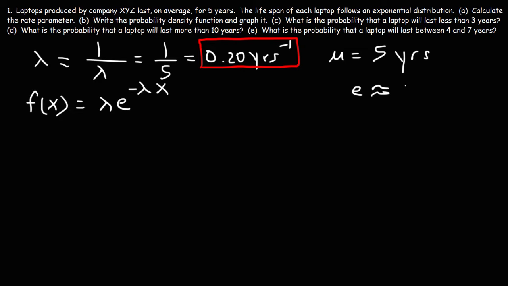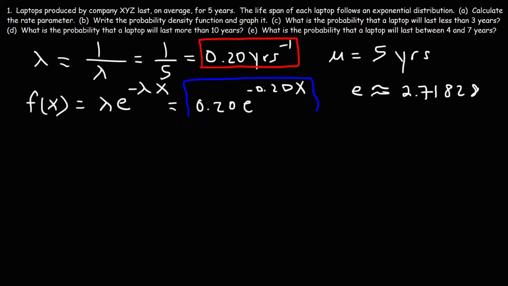It's approximately 2.71828. So now replacing lambda with 0.20, we have the function 0.20 e to the negative 0.20x. And so this right here is the probability density function, or the PDF for short.